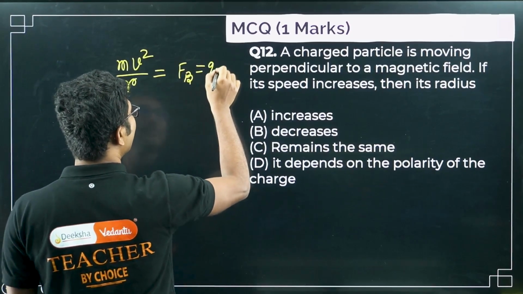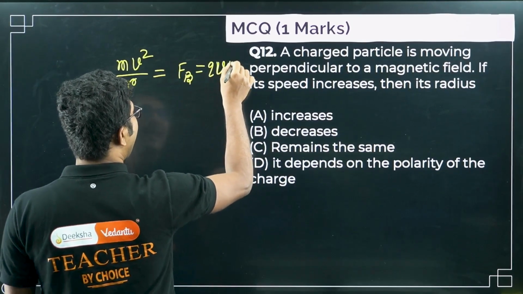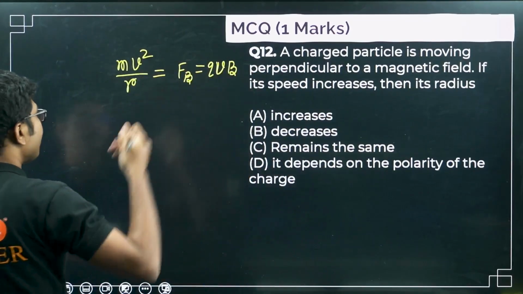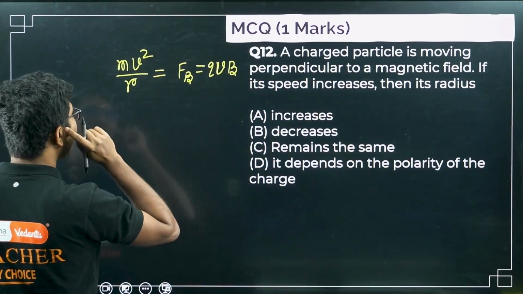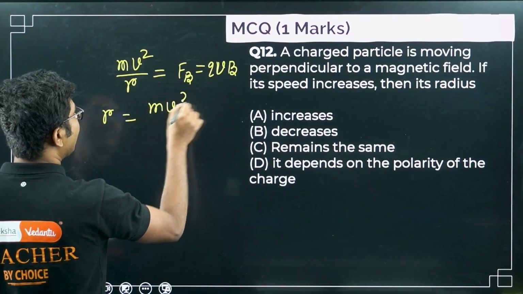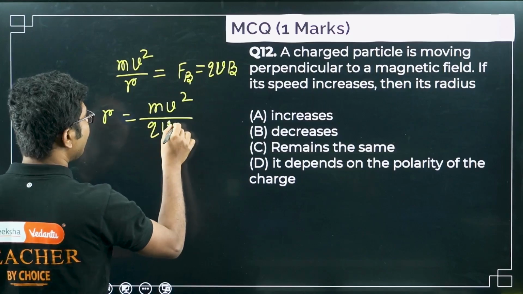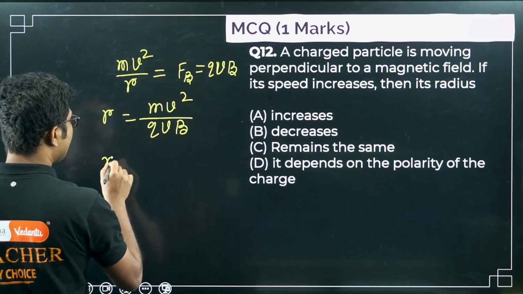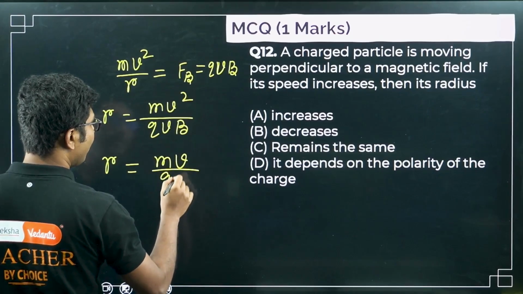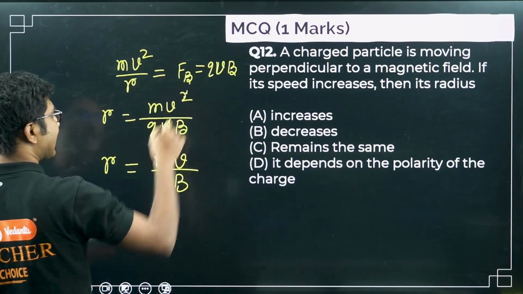Magnetic force is QVB, assuming the angle between them is 90 degrees, and for circular motion obviously the angle will be 90 degrees. So radius is mv squared divided by QVB, so R equals mv divided by QB. One of the v is cancelled, right?